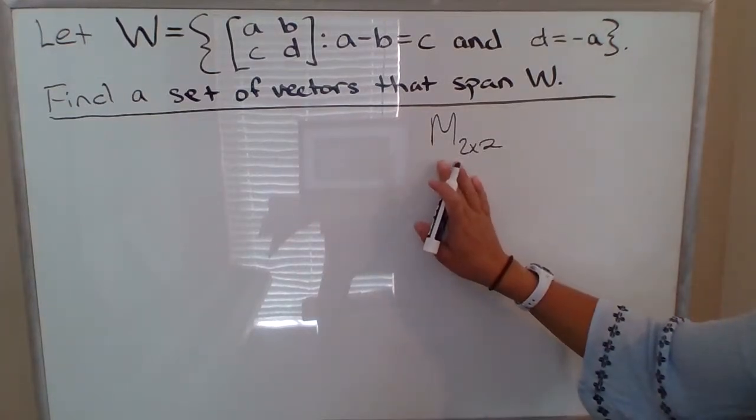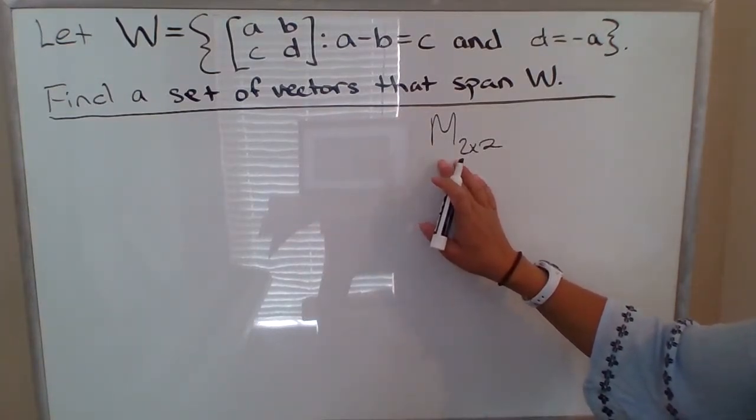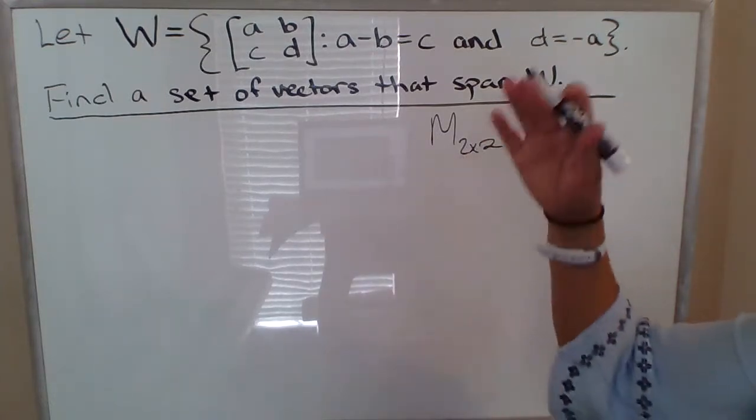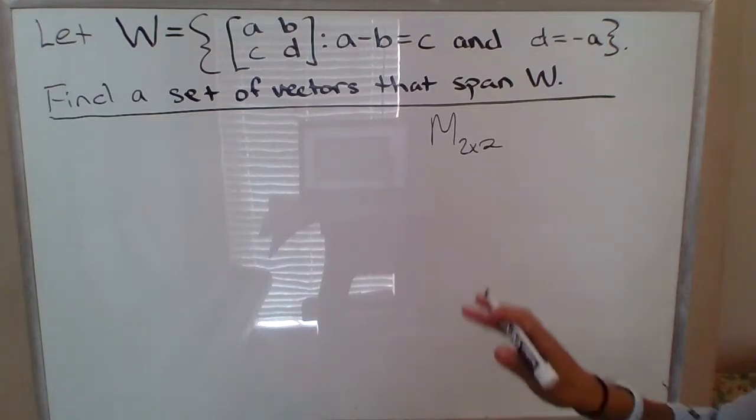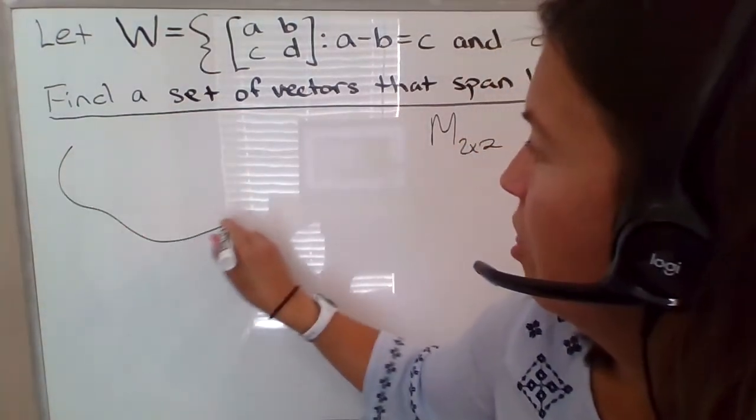First of all, it's been established in the notes that the collection of all 2 by 2 matrices is a vector space. It satisfies all 10 of those axioms. So we know here that we're dealing with a subset.